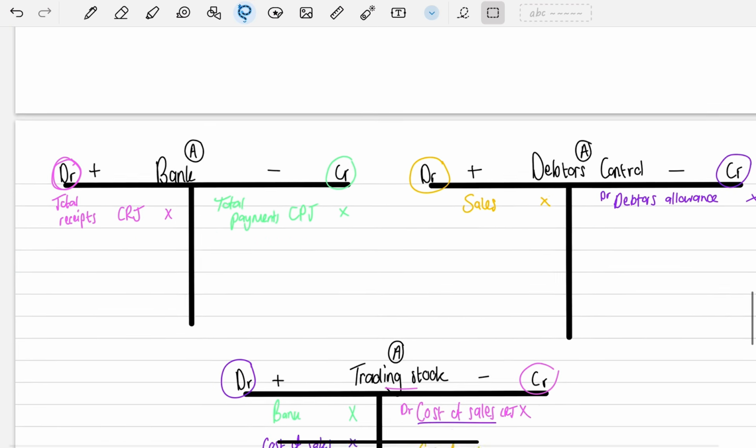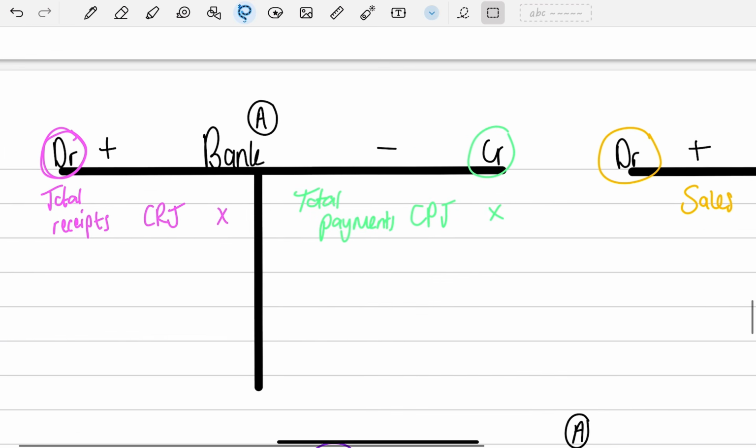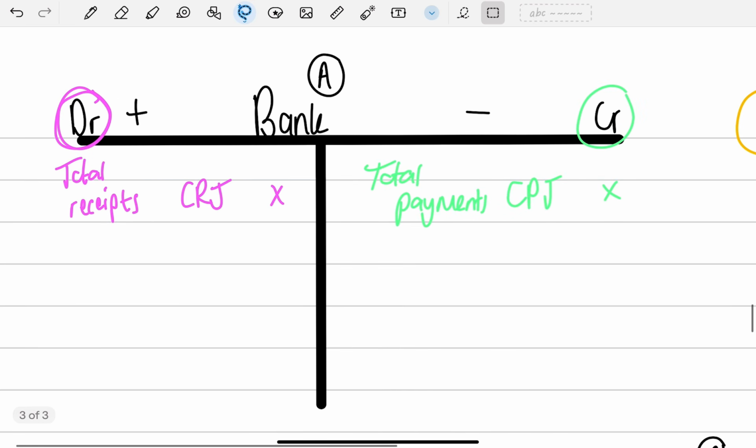So let's start with our cash journals. When we're talking about a CRJ or a CPJ, what we know is that in the cash receipts journal, we are receiving cash that will end up in bank. So every time I receive money from a customer, from the owner, from a tenant, doesn't matter from whom I'm receiving this money, my bank is going to increase.